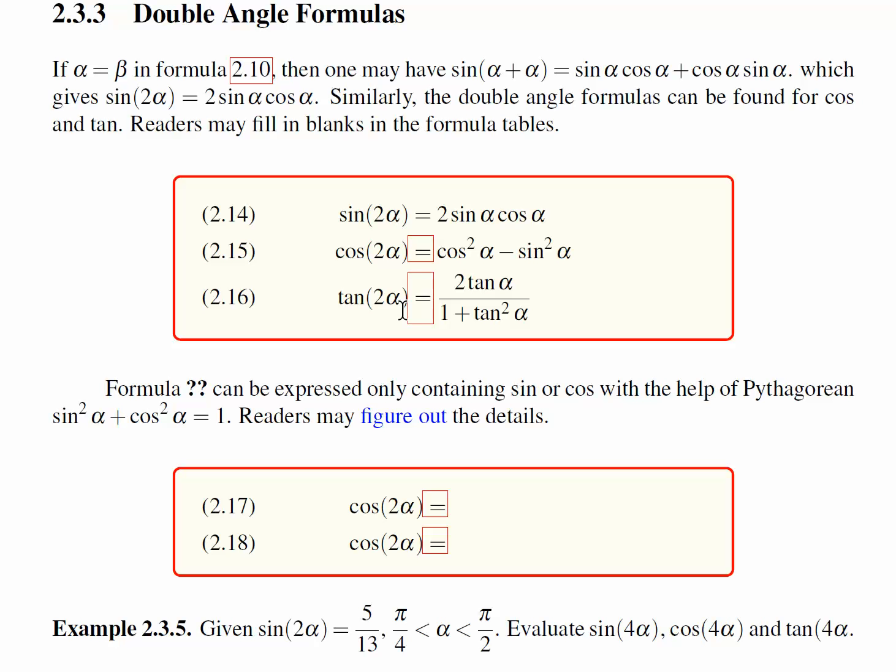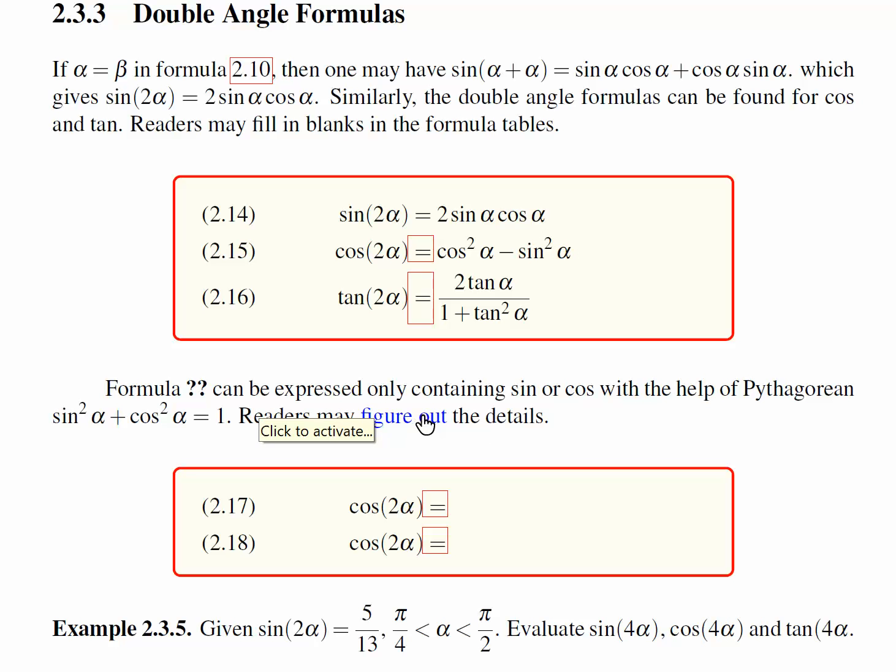So we are clear about the double angle formulas for sine, cosine, and tangent. Now, let's figure out another two forms for cosine 2 alpha. Look at this one more time.